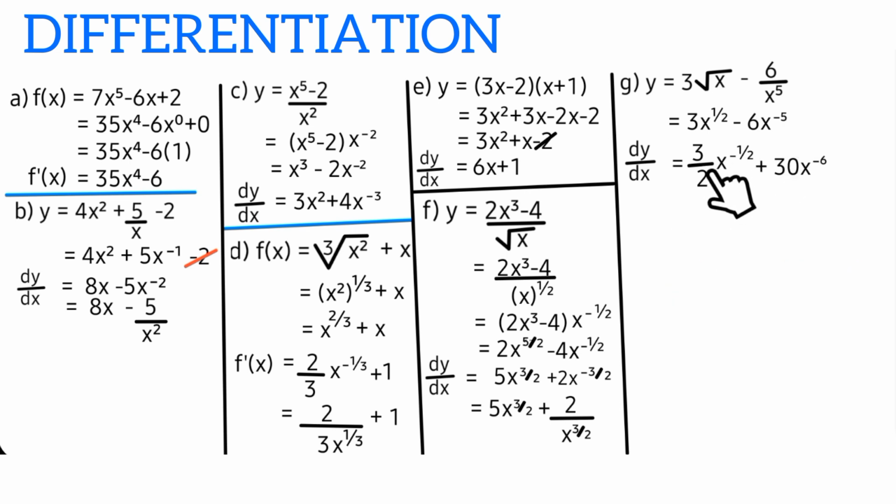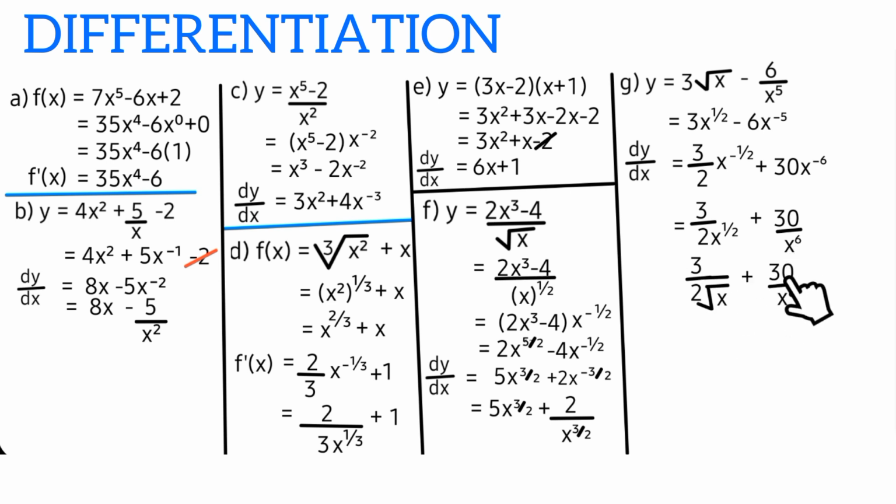We can take this further, bringing x raised to the power of minus 2 down to the denominator changes to a positive value, plus 30, taking x raised to the power of minus 6 down to the denominator changes to a positive value. So we can take this further, plus 30 over x raised to the power of 6.